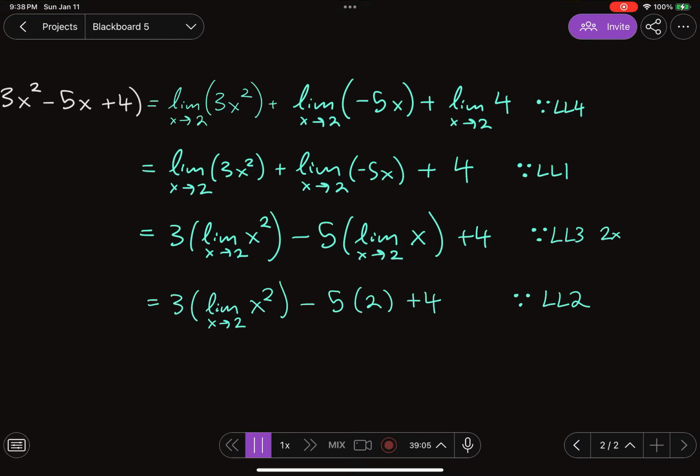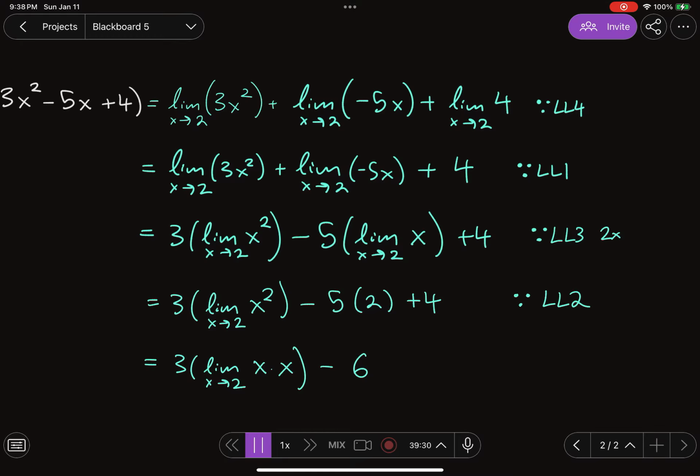And this guy. Okay, so what I could use is LL7, but kind of to motivate how to prove LL7, I'm going to say that this is the same thing as 3 times the limit as x approaches 2 of x times x, all right? Minus, here, I hope you guys don't mind, I'm going to do some quick arithmetic. That's minus 10 plus 4, that's minus 6.